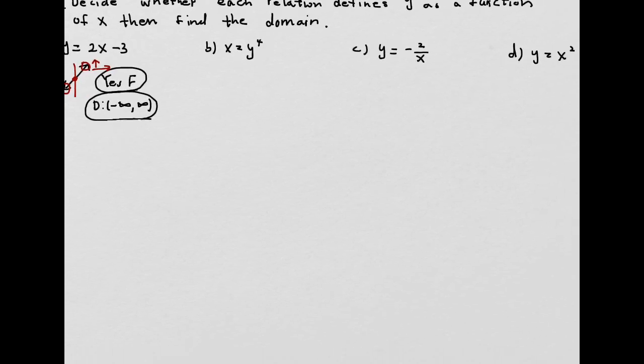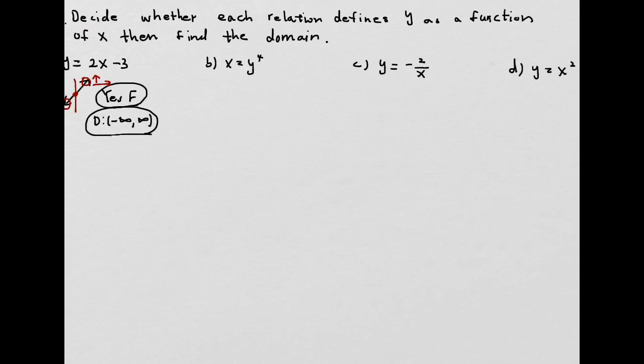Let's look at the next one. Next one, x equals y to the 4th exponent. We don't know the shape of the graph, so we're going to plug in points to see if I get 1 y or multiple y, right?